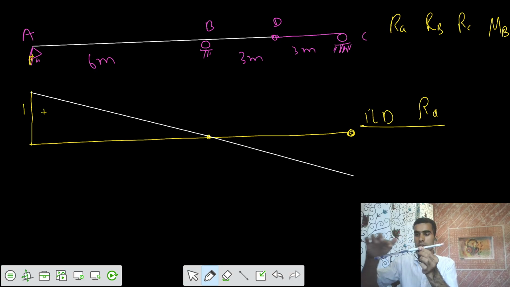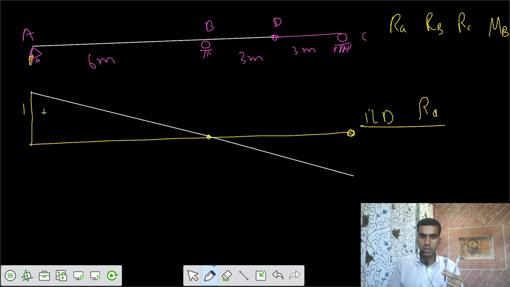The support C should have been here if there was no internal hinge. So how can you show that the support C remains intact? That means there should have been bending of this part BC, because there is no point D, because there is no internal hinge. So BC would have been some curved nature such that B and C are at the same level in this fashion. So there would have been a curvature developed.